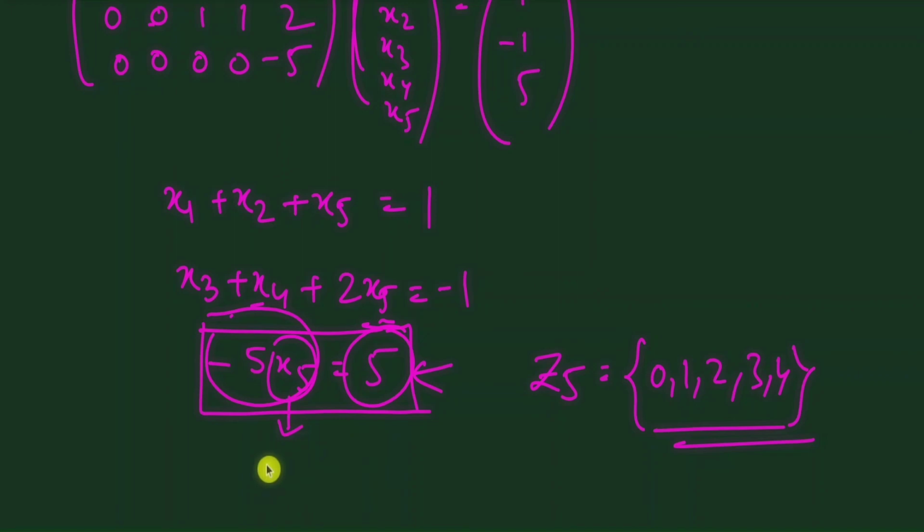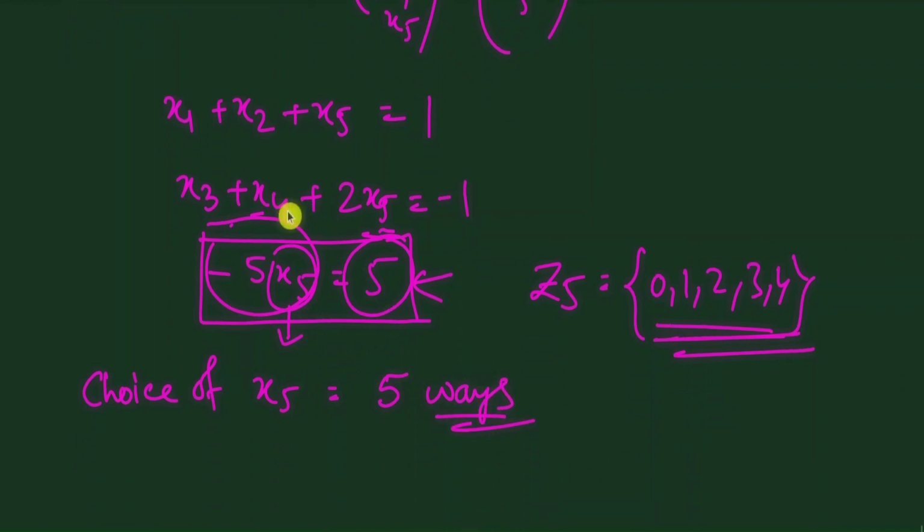So we can choose x5 from these 5 elements of Z5, that means we can choose x5 in 5 ways.